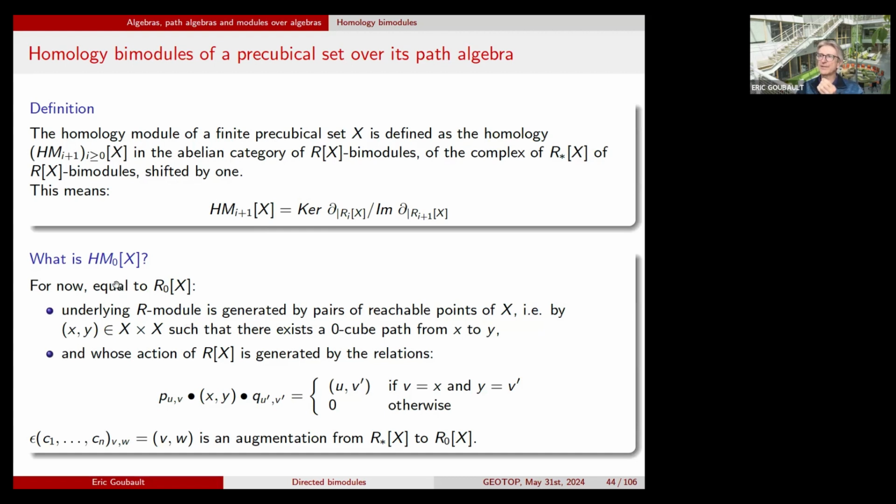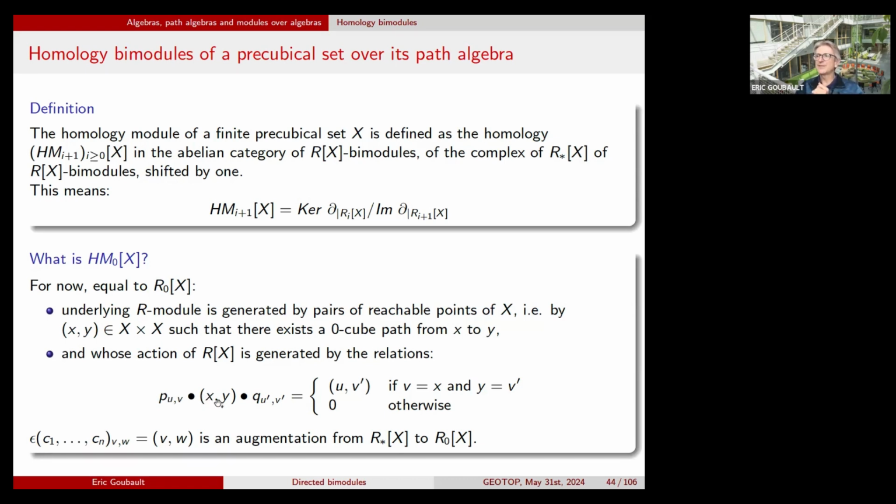But I still have to define HM0, and there are many choices you can make, but the choice I'm going to make is that R0 is going to be, as the underlying R module, the one which is generated by pairs of reachable points of X, that is pairs of points X, Y, such that there exists a directed path from X to Y. And the action of the path algebra is just going to extend this.